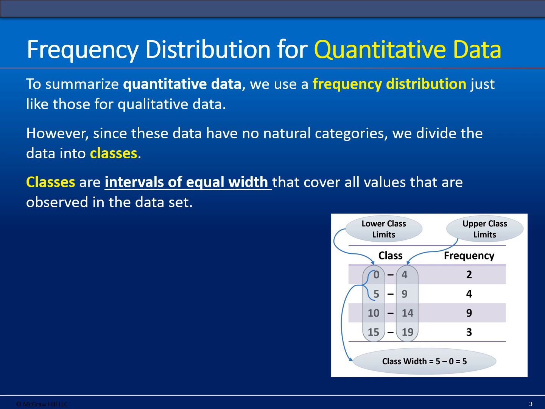Frequency distributions for quantitative data. Just like we saw in the last lecture where we were building bar graphs for qualitative data, where each of the bars represented a specific category, we're going to do something similar for quantitative data.